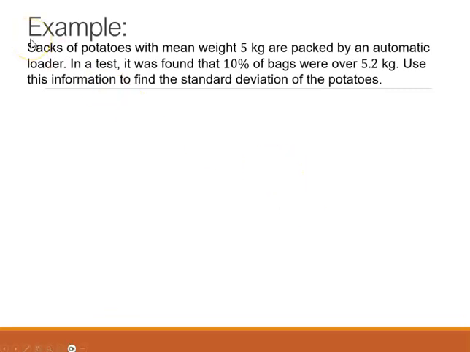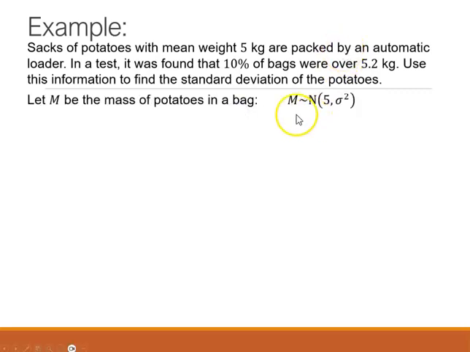All right, this might be my second to last example here. Sacks of potatoes with mean weight of 5 kilograms are packed by an automatic loader. In a test, it was found that 10% of bags were over 5.2 kilograms. Use this information to find the standard deviation of the potatoes. So this is a little tricky. I know that my potatoes are normally distributed.